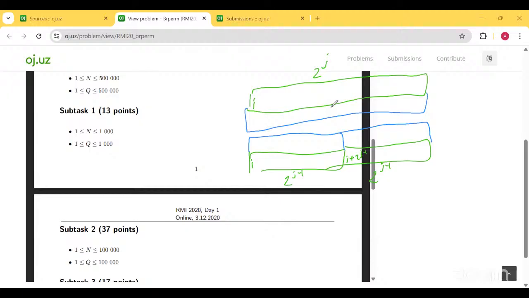For example, the base is equal to b to the 2 to the k, right? So we need to know the reorder of this, but the base is b to the 2 to the k minus 1. Okay, wait, sorry. k plus 1, not k minus 1. What do you think? Plus 1 or minus 1?